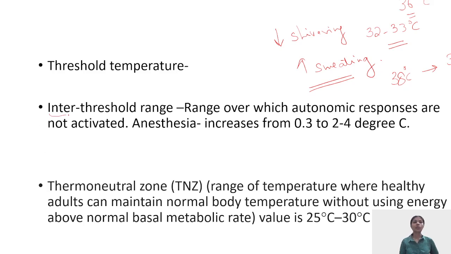Coming to one other definition, that is the interthreshold range. The interthreshold range is that range of temperature at which the autonomic responses are not activated in our body. In general, we have a very small range of only 0.2 to 0.3 degrees Celsius.